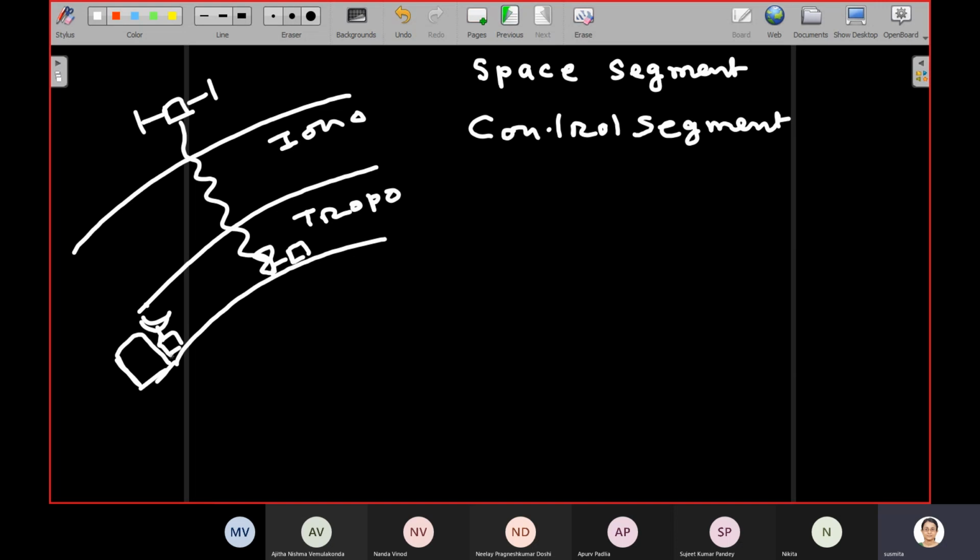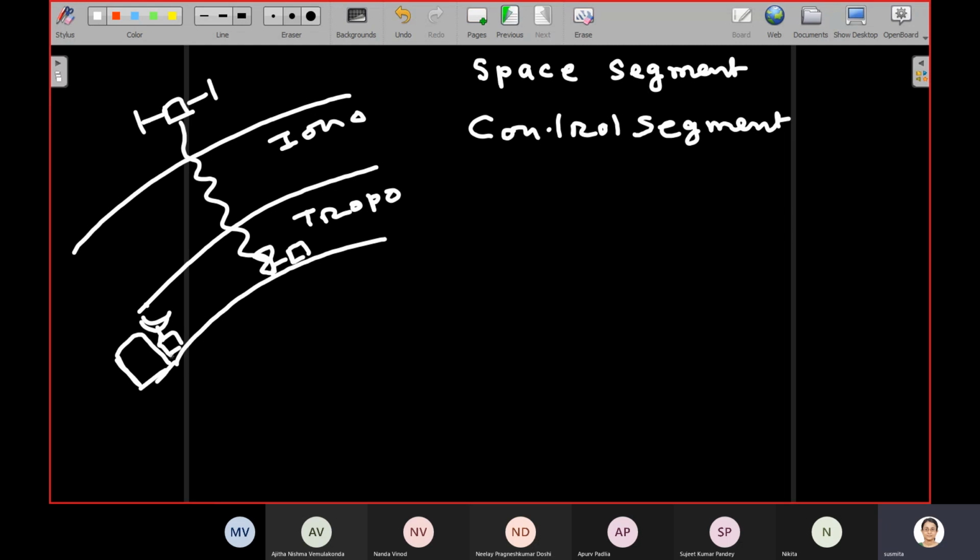Also upload the clock parameters, the satellite clock errors from GNSS system time. And many other parameters are also uploaded. I'm just giving an example of a few of them. Now this information is transmitted by the satellites in the signal.